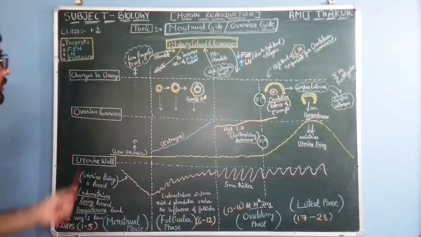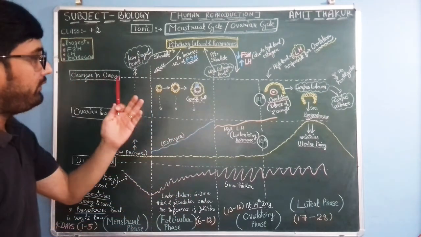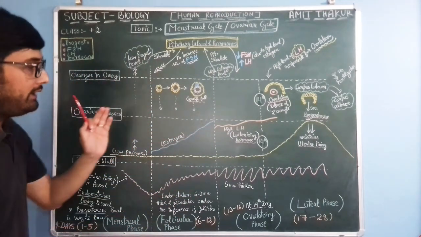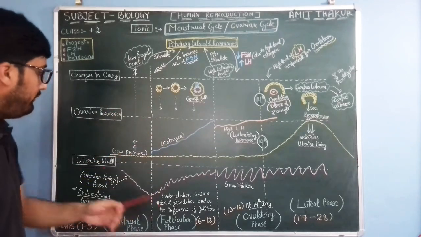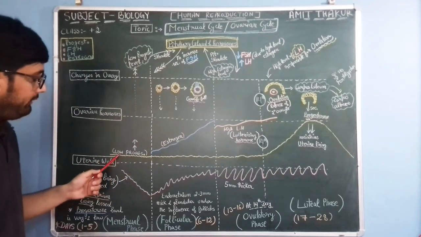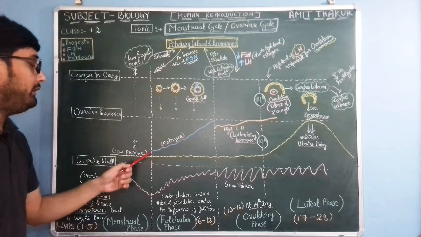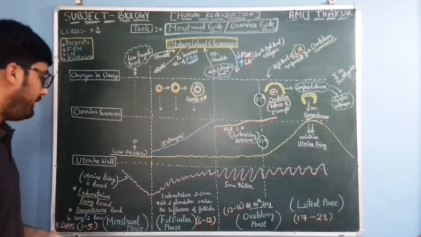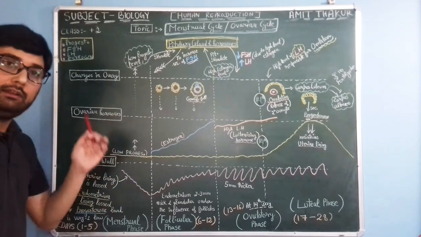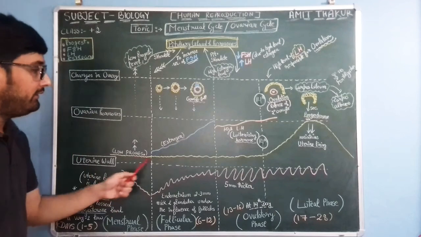So it's all about the menstrual cycle and the different levels of the hormones. Like progesterone, it is very low. Due to the very low progesterone level, what would happen? The endometrium lining is lost along with blood vessels.